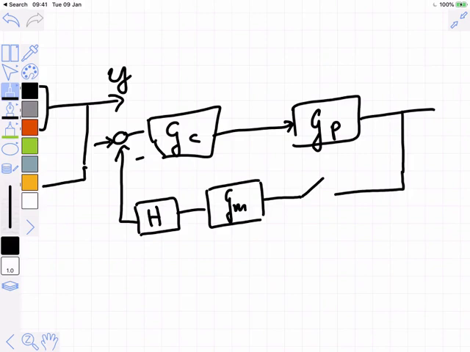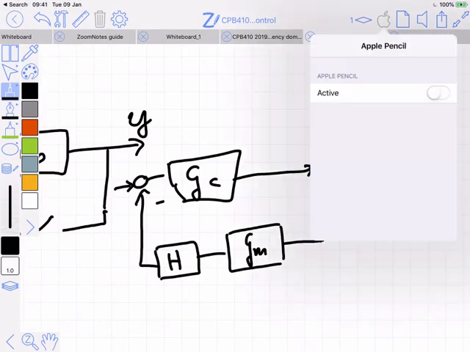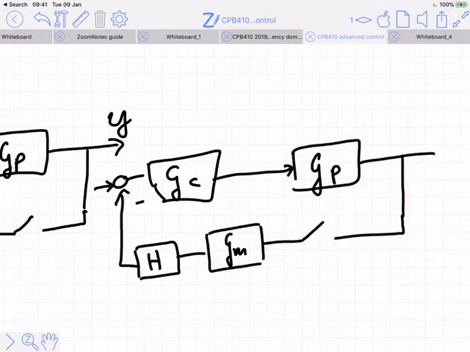I want you to understand that in this case, there is no discrete transfer function that corresponds to the effect of the set point on the output.